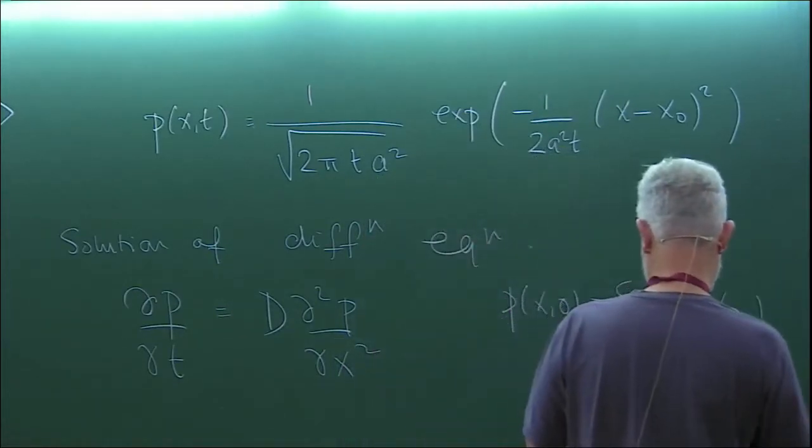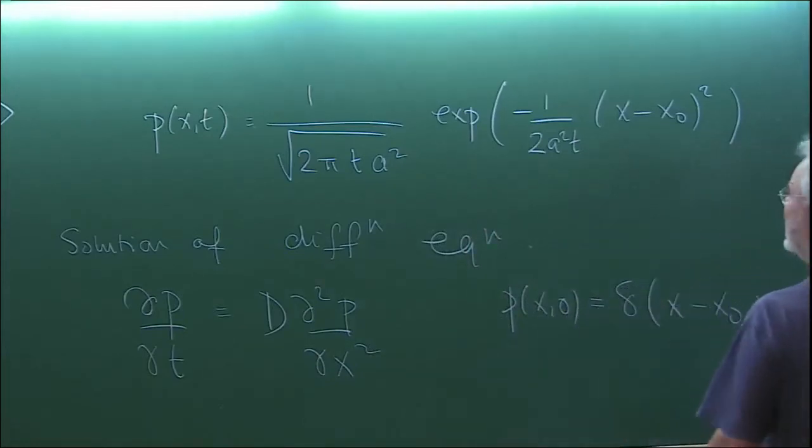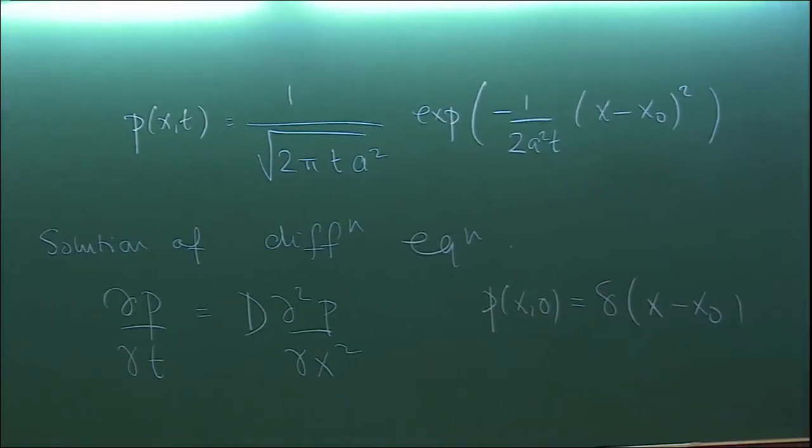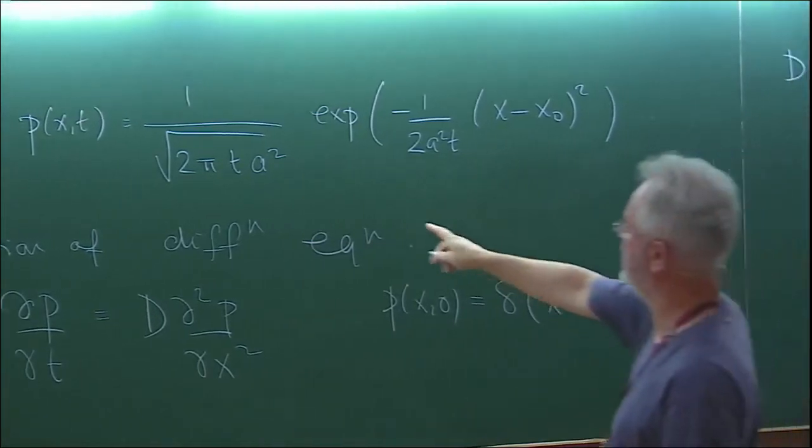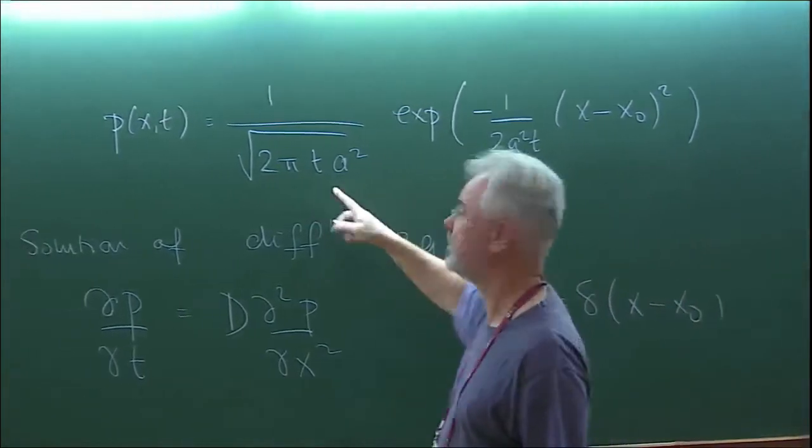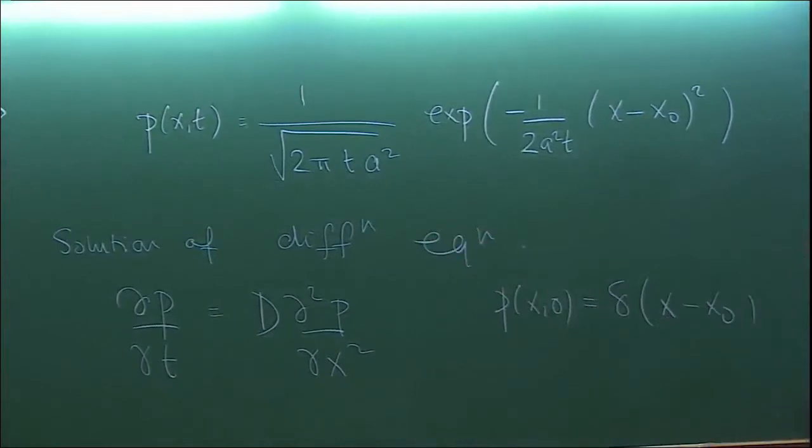What you find is that d, the diffusion constant, is equal to a squared over 2. When you write down the diffusion constant, normally you have a 4 pi Dt here, so this is the effective diffusion constant.